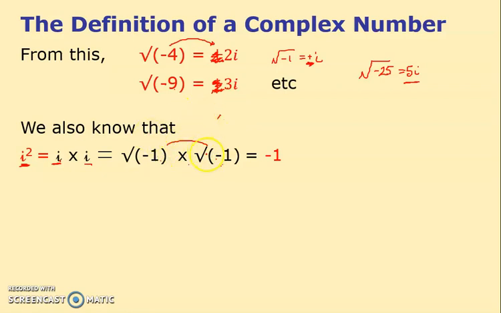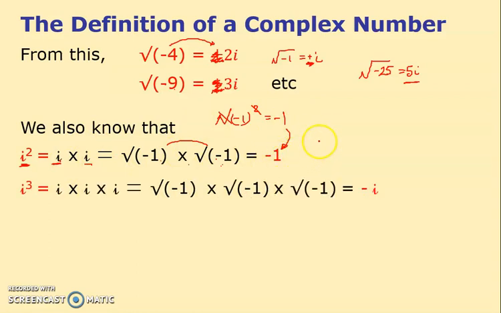Can you see what I'm trying to get at? If I square the square root of -1, that kind of cancels each other out. And so it's not unreasonable to say that's therefore -1.